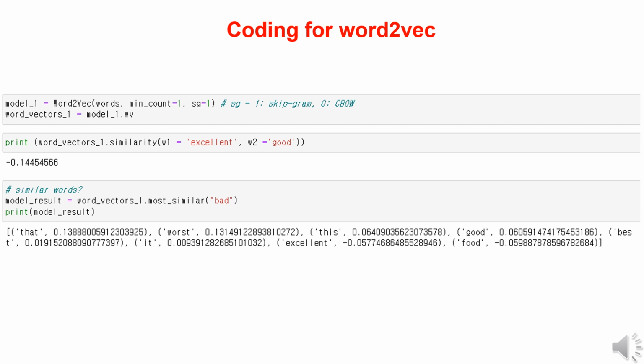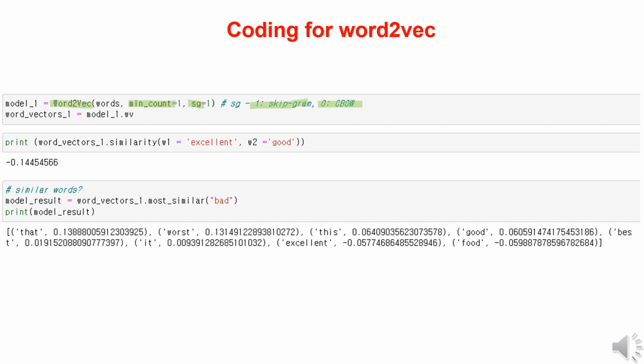Afterwards, we input the pre-processed text into Word2Vec to represent it in vector form. The min_count parameter indicates the minimum frequency for a word to be considered, allowing us to exclude less frequent words. The sg parameter distinguishes between skipgram (1) and continuous bag of words (0).